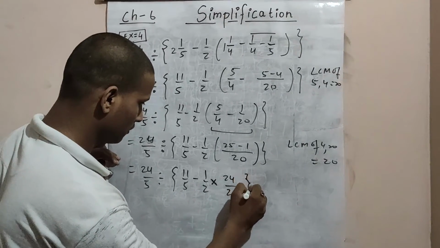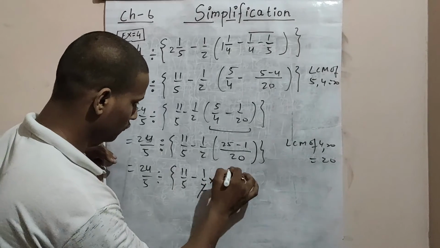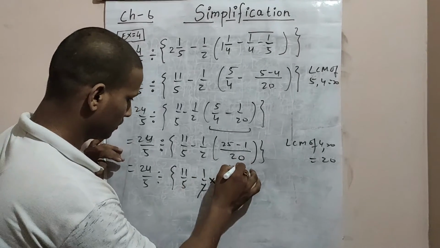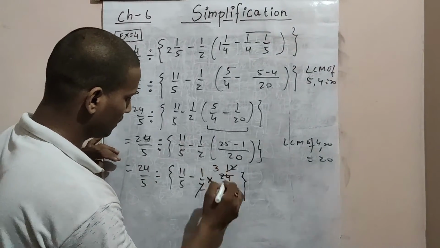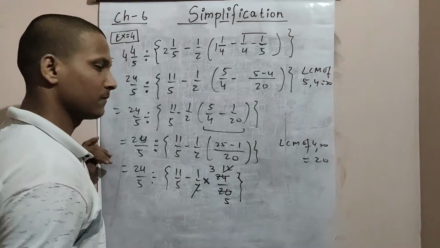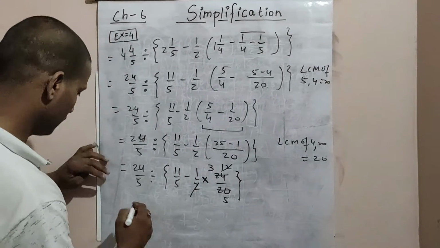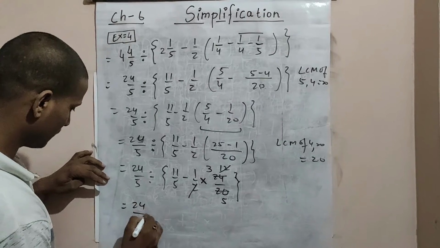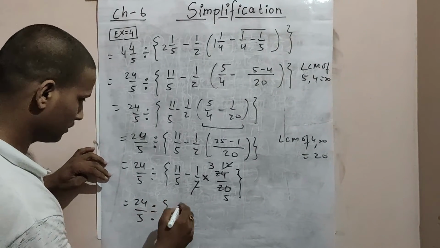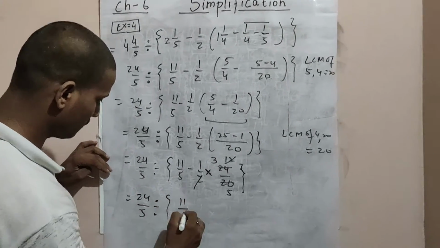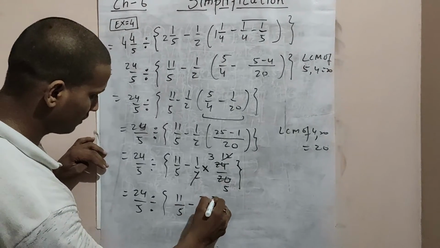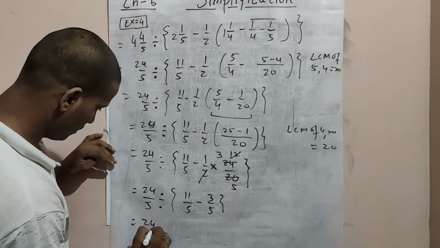Okay. So 2 ones are 2, 2 12s are, we can simplify here. Then 4 3s are and 4 5s are. 4 3s are 12, 4 5s are 20. Now 24 by 5 divided by 11 by 5 minus 3 by 5.